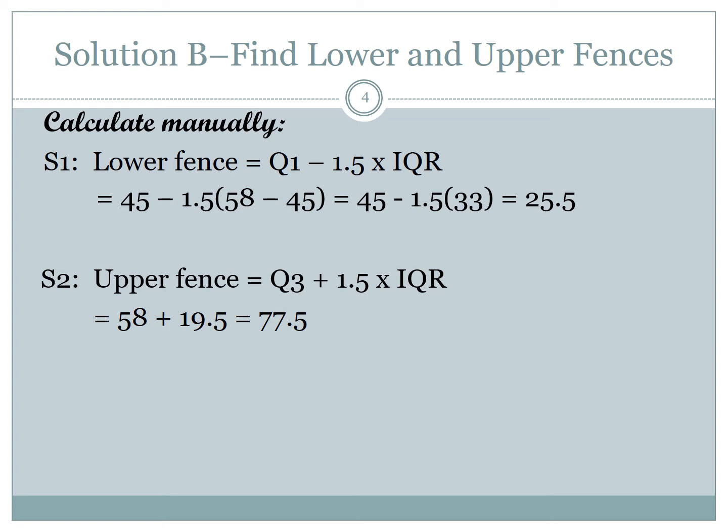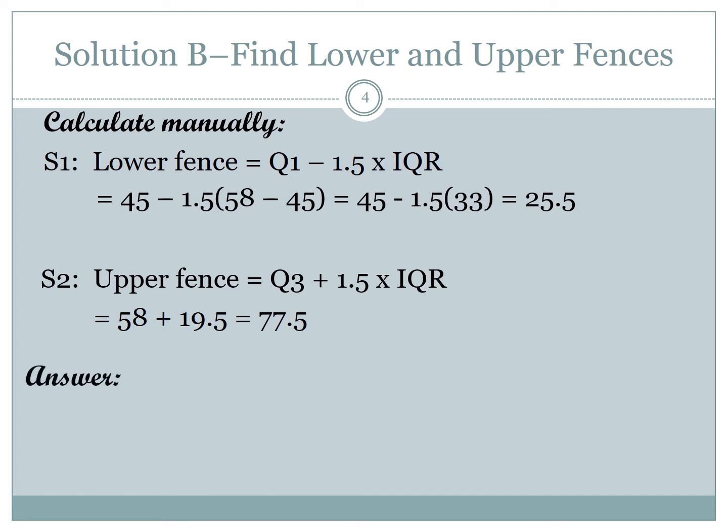So we have two numbers here. I want you to take note of them. One is the lower fence, LF you can call it, is 25.5, and the upper fence, UF, is 77.5. So you wrote those down because we're going to use them in the next step.